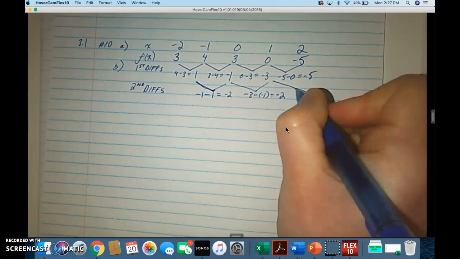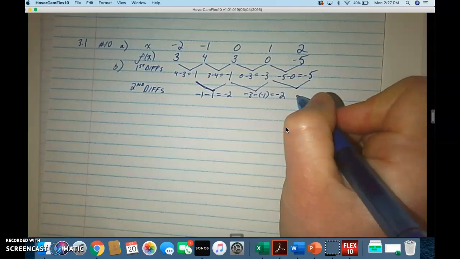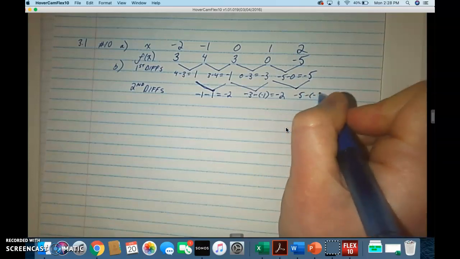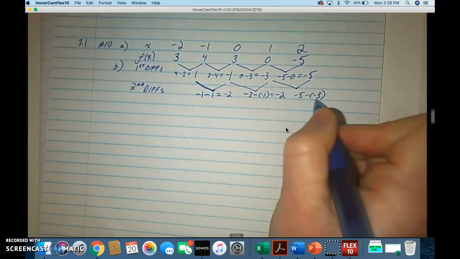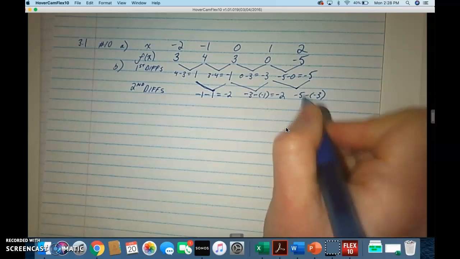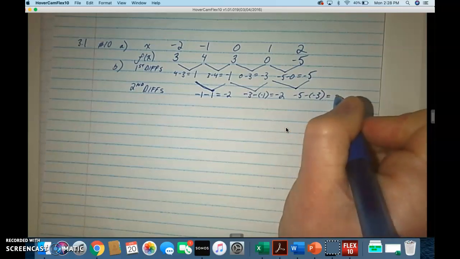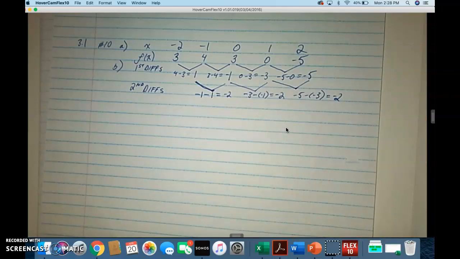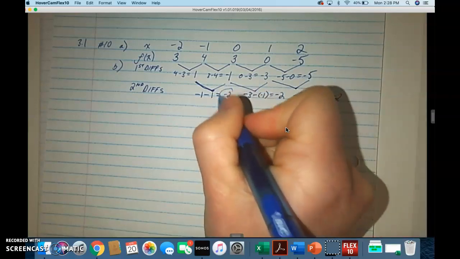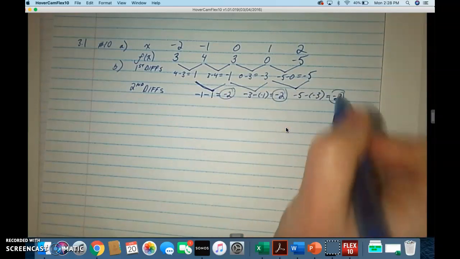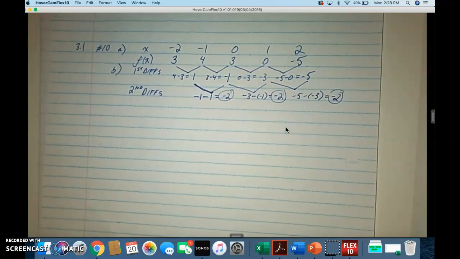And then my last pair of numbers, I've got -5 minus -3, so that same idea of working with integers, -5 plus 3 is once again -2. Okay, so you'll see that your second differences are all the same, and they are all negative.